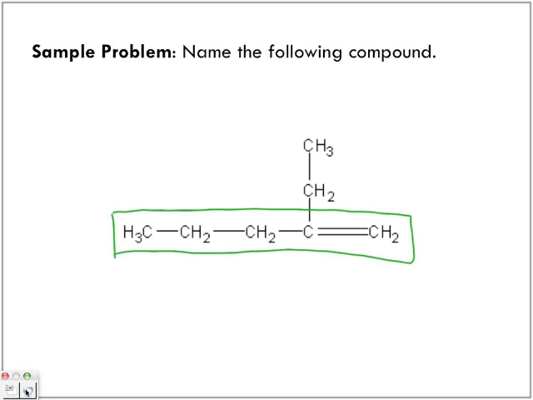Right? So, as we said before, now the next step is to number the carbons closest to the double bond. Carbon 1, carbon 2, carbon 3, 4, carbon 5. So we've got 5 carbons that have this double bond. So 5 carbons represents pentane.